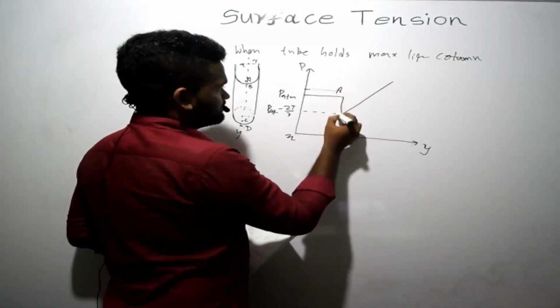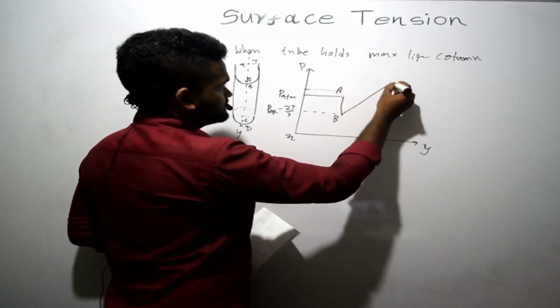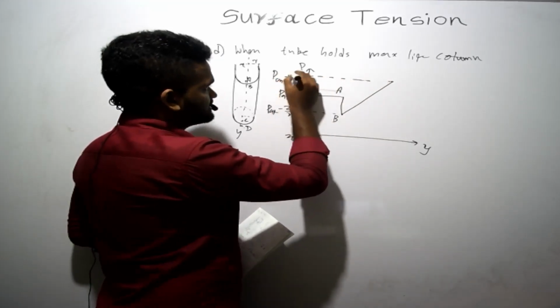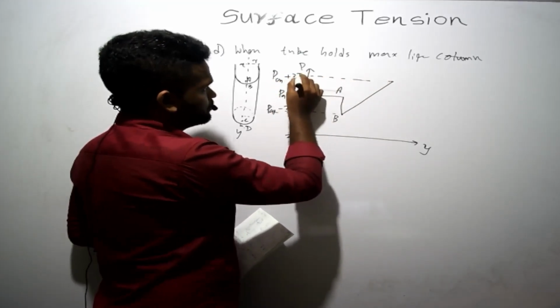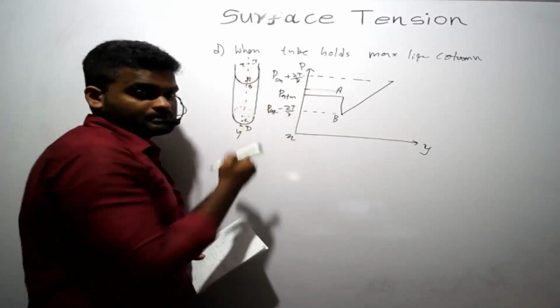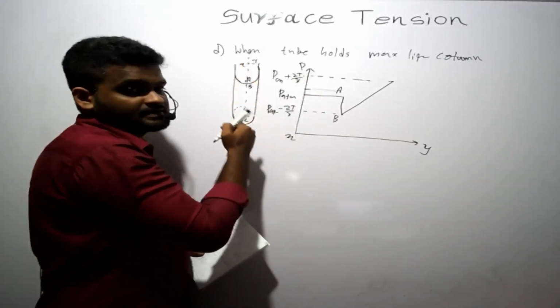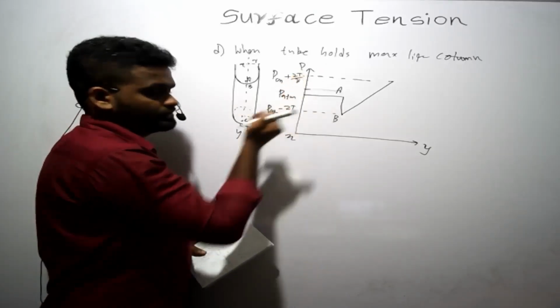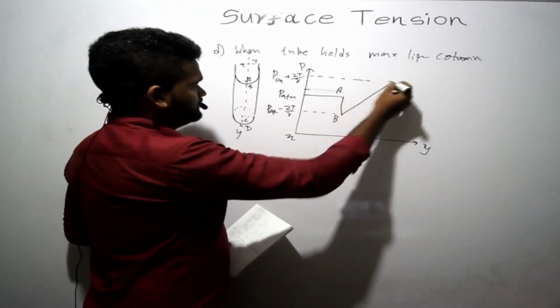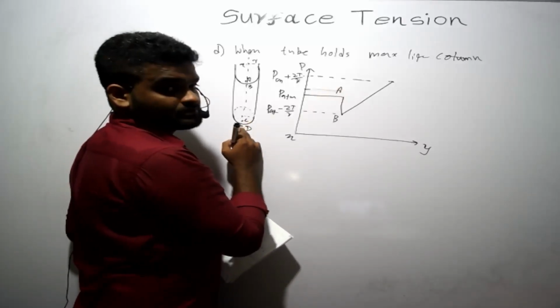This is A, B, C. Actually, it is symmetrical here, like PATM plus 2T over simple R. Both are 2T over R, right? Because both meniscuses are same shape, 2T over R, 2T over R. Then at D, what happens?